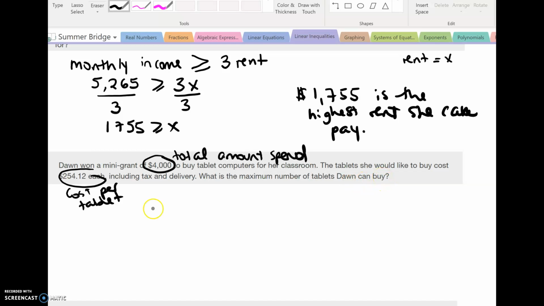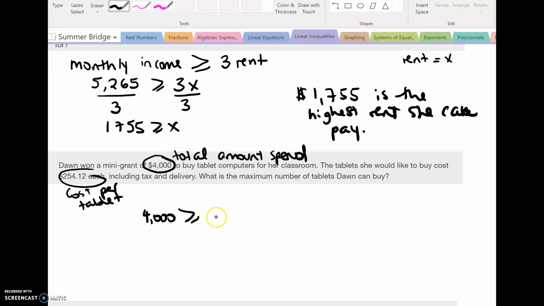So if I know that I can spend at most $4,000, but I could spend less, we have the same situation as the problem above, where the total amount to spend is going to be the largest possible number. So $4,000 is the largest amount, and everything else has to be smaller than that.